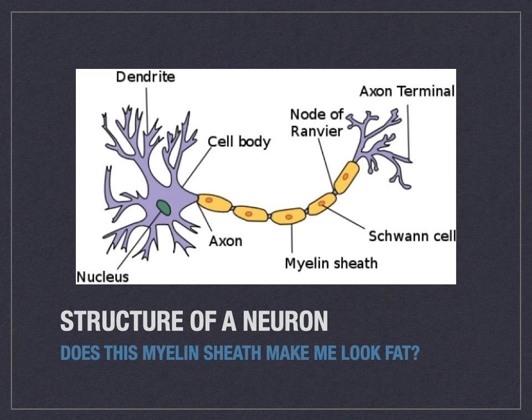So you kind of think of it like the insulation around a wire that's helping that signal to be strong as it's going through. If stuff starts to happen to that myelin sheath, age can do it, disease can do it, drug use can do it, damage that myelin sheath. It's usually pretty easy to see when somebody's got damage to the myelin sheath.